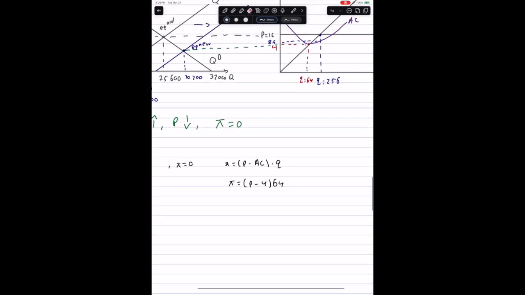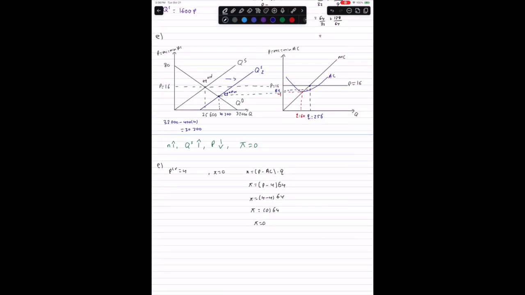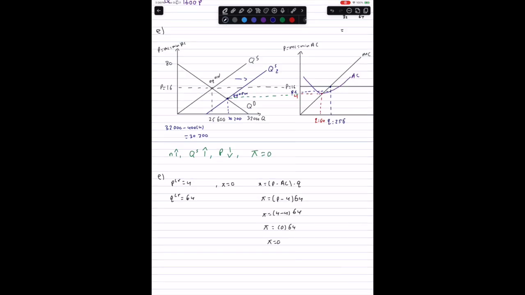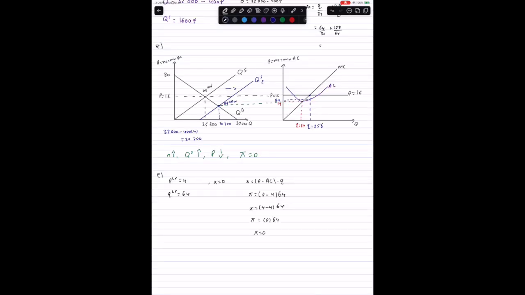Well, in order to get this to 0, price has to be equal to 4, right? Because profit's going to be equal to 4 minus 4 times 64. Profit's going to be equal to 0 times 64. Profit's going to be equal to 0. So therefore, we know price in the long run is equal to 4. We know average cost is minimized when Q is equal to 64. So we know Q long run is going to be equal to 64. Profit's going to be equal to 0.